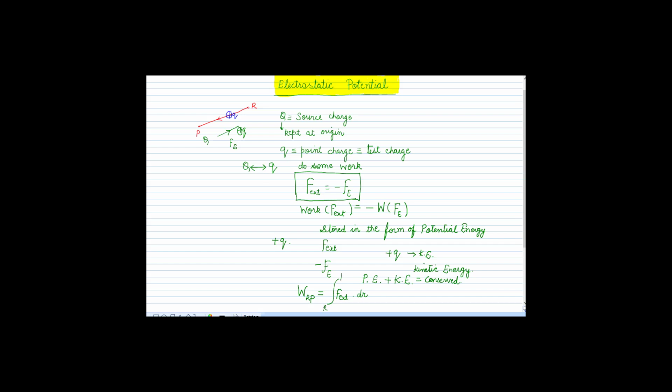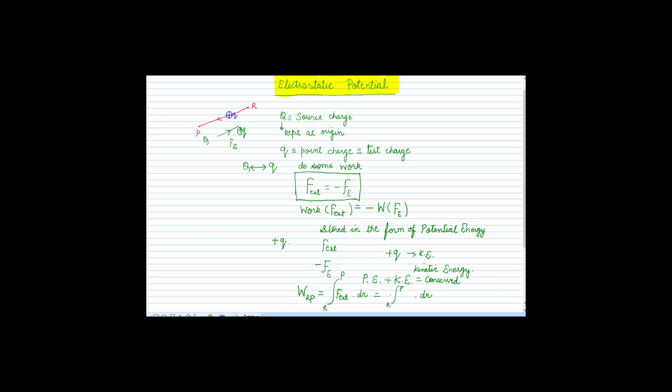So the work done in bringing the charge from point R to point P is W_RP, and this is equal to force into displacement. Force is external force, and the distance is integrated from R to P. We have integrated the total distance from point R to point P. And this may also be written with our integration remaining the same, R to P, and dr also remaining the same, but this external force is equal to the negative of the electric force.